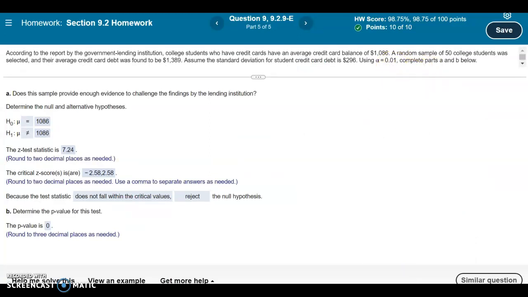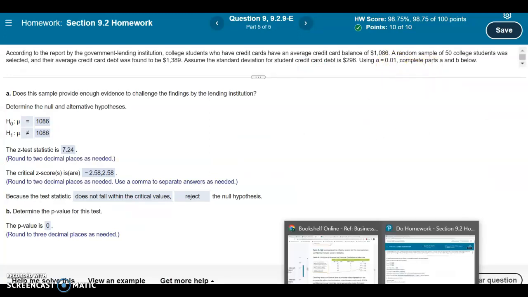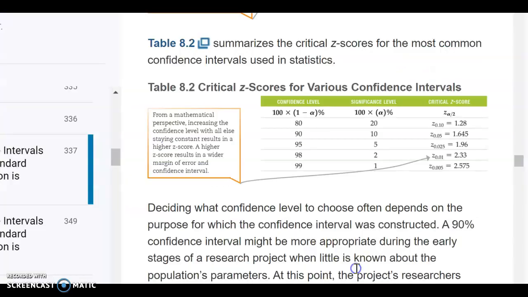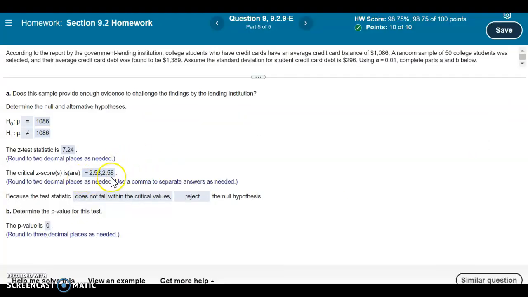Alpha was 0.01, so divide that by 2. So it would be 2.58. So we would have a negative 2.58 and a positive 2.58. Clearly, for a two-tailed test, if you were to draw it, 7.24 is not going to fall in between it. It's going to be way above it. So since it does not fall within the critical values, we reject it.